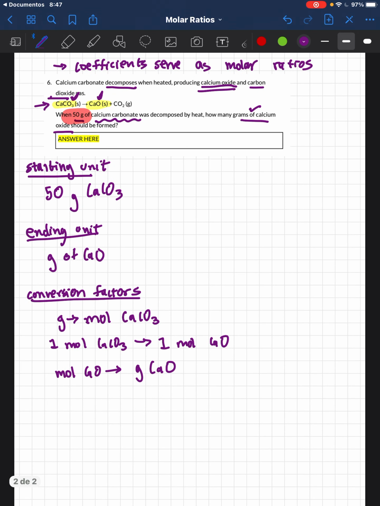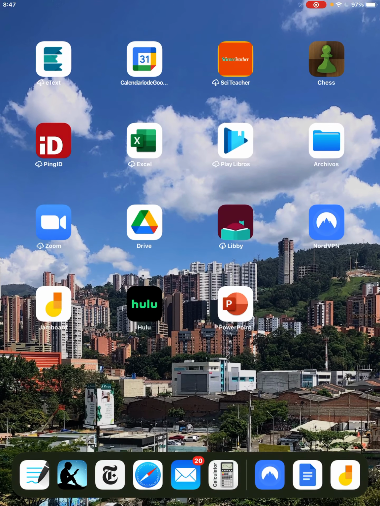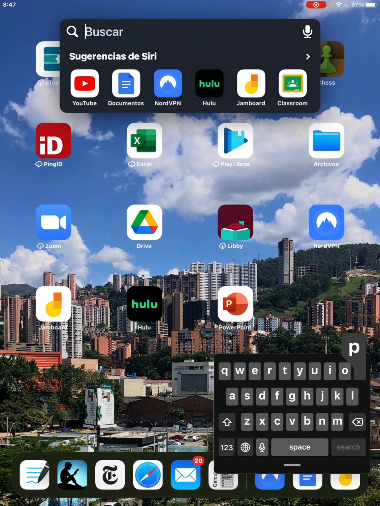All right, so hopefully you can set this math up on your own at this point. That would be my expectation. We can do it here together though. Let's check the periodic table for calcium, carbon, and oxygen. I'm going to check the periodic table I have here on my iPad.